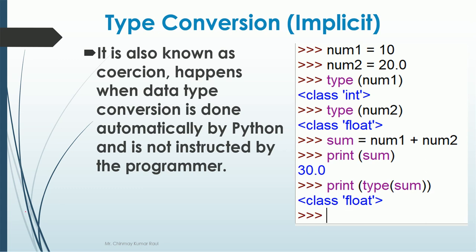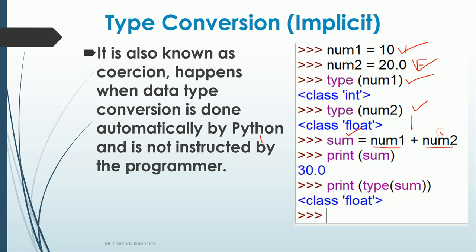Now let's see. Suppose num1 is 10, num2 is 20.0. num1 is integer data type, and this is float data type. Type of num1 is int and num2 is float. I am using sum equal to num1 plus num2.